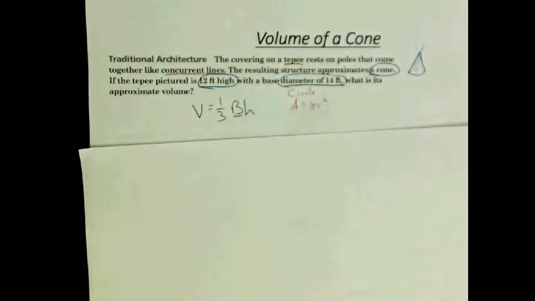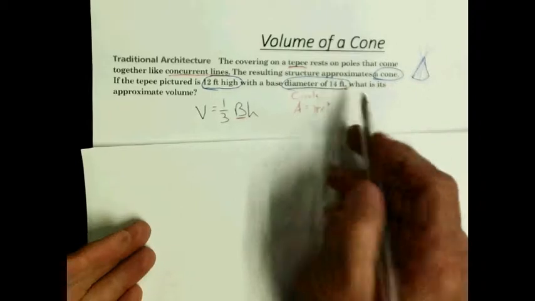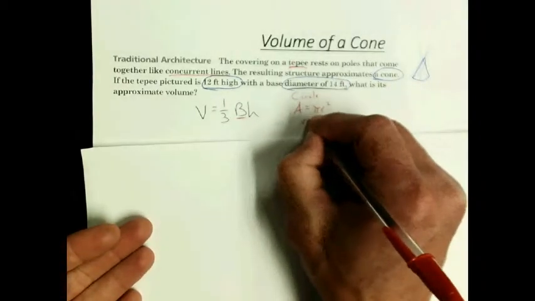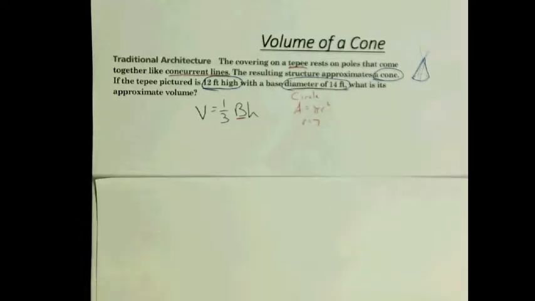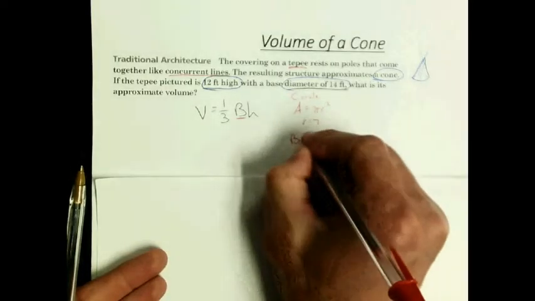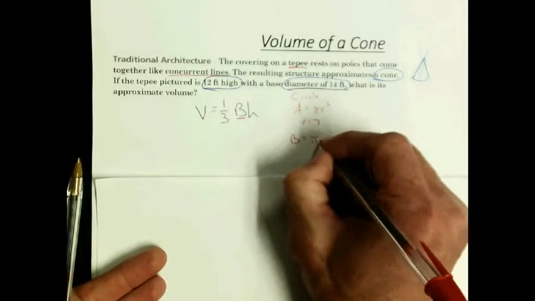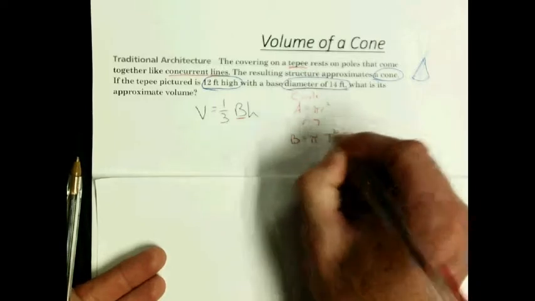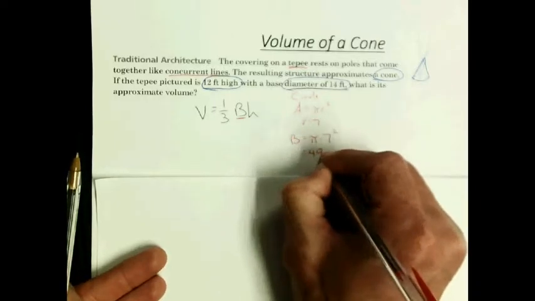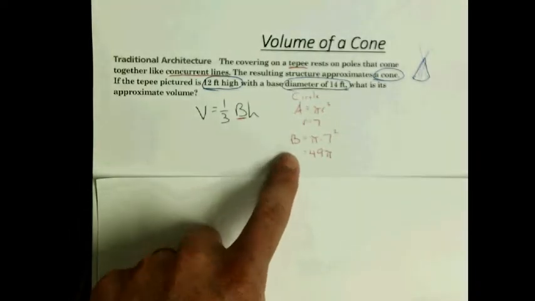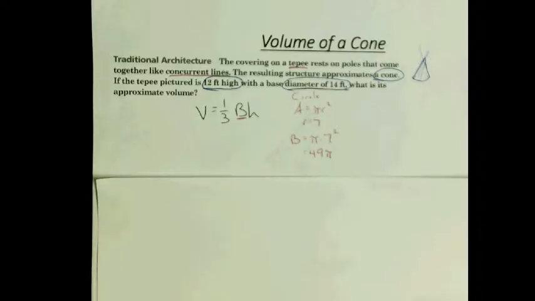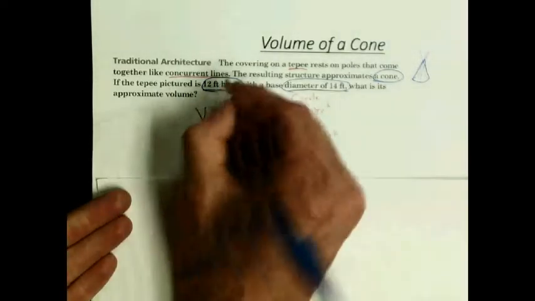If the diameter of that circle is 14 feet, that means the radius is going to be 7. So the area of our base in this question is pi times the radius squared, or 49 pi. So all of that thinking from the area of the base, we have to keep that in mind. The height of the teepee is super simple. It's given to us: 12 feet high.